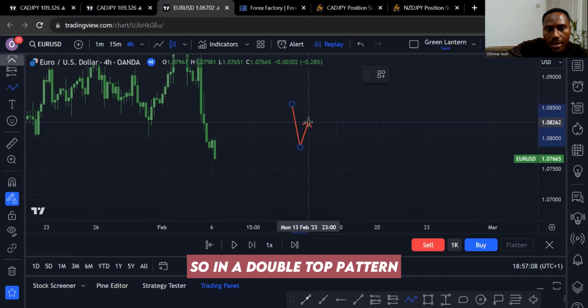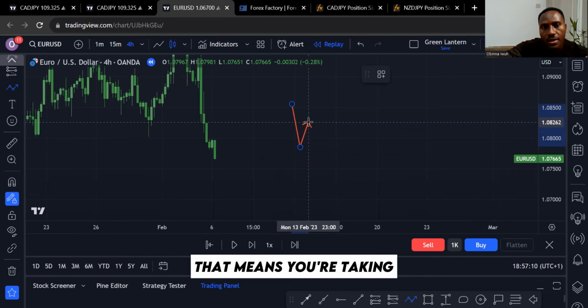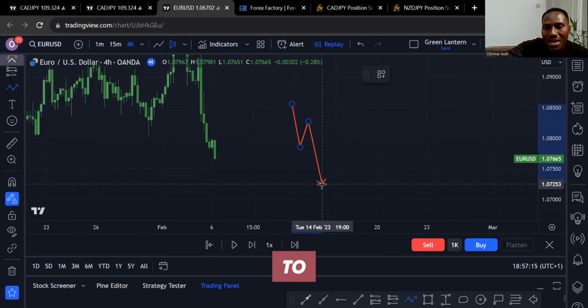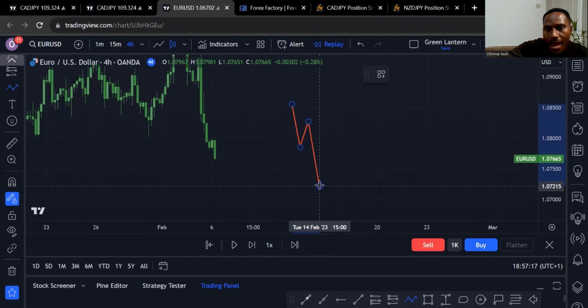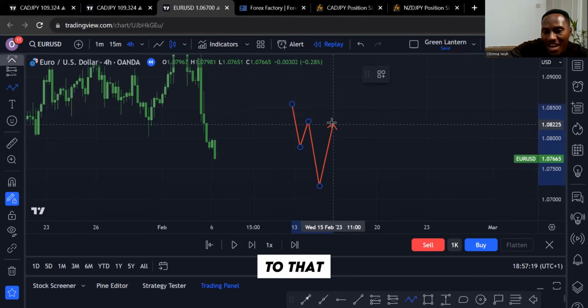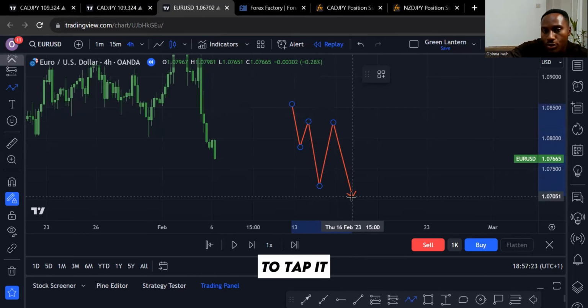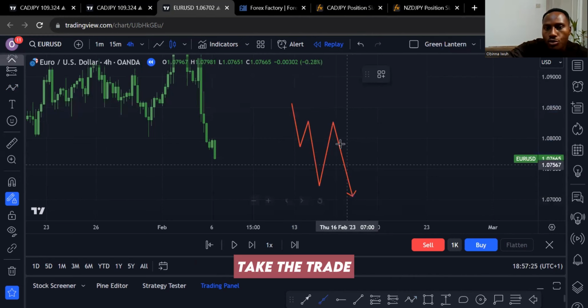In a double top pattern, you're going with a downtrend. So you want price to make a lower high, and price needs to come back to that area that has been respected in history to tap it twice before you take the trade.